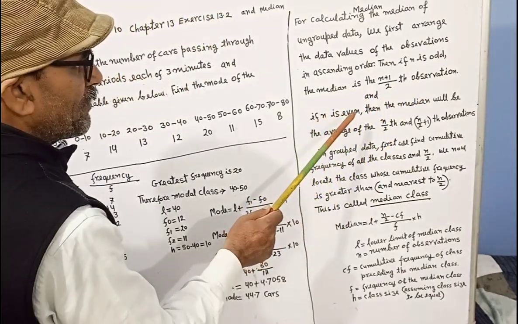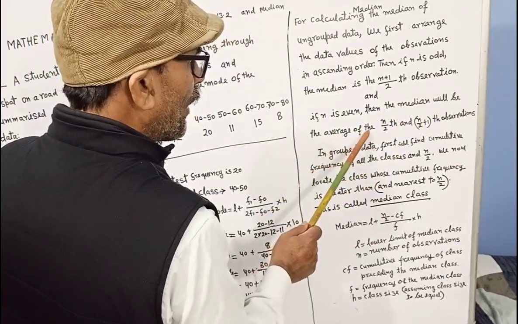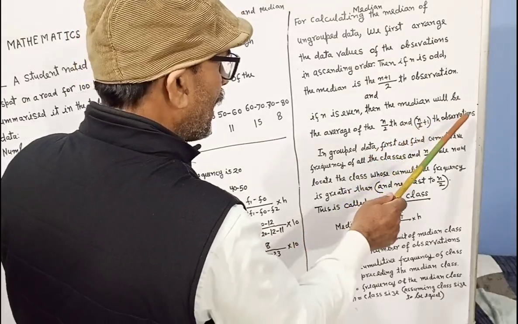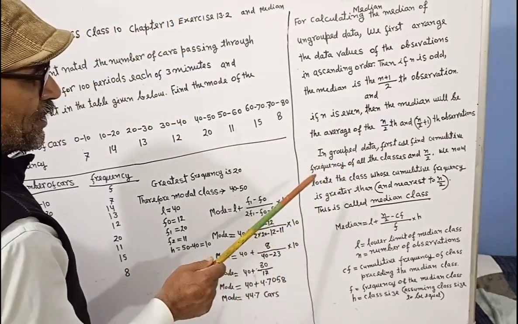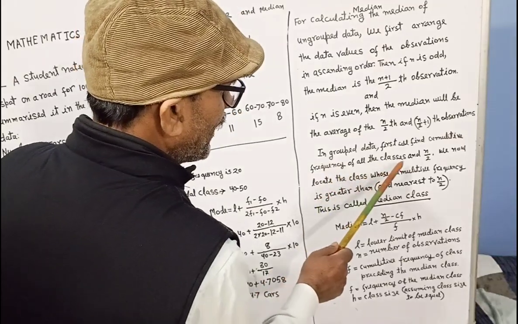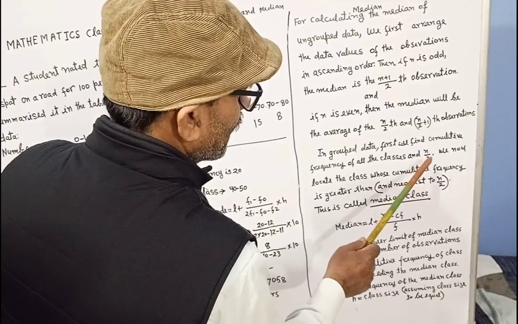And if n is even, then the median will be the average of the n by 2th and n by 2 plus 1th observations. In grouped data, first we find cumulative frequency of the classes and n by 2.